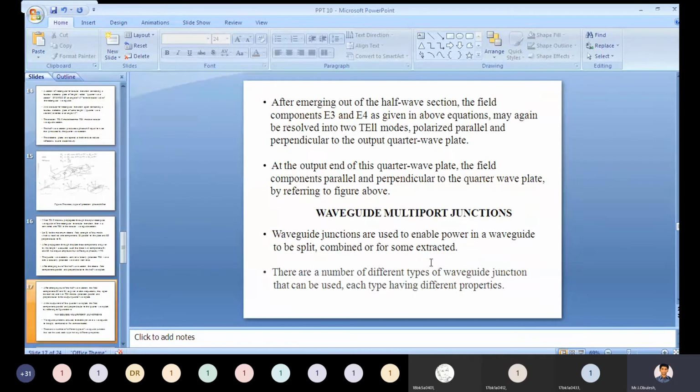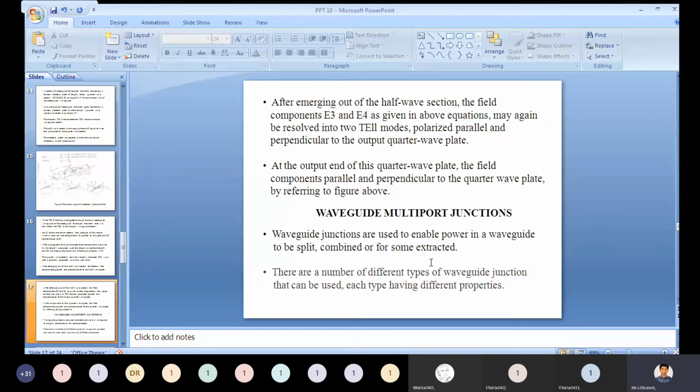After emerging out of the half wave section, the field components E3 and E4 as given in the above equations may again be resolved into two TE11 modes. These will be polarized parallel and perpendicular to the output quarter wave plate. At the output end of the quarter wave plate, the field components are parallel and perpendicular to the quarter wave plate, as seen from the figure.